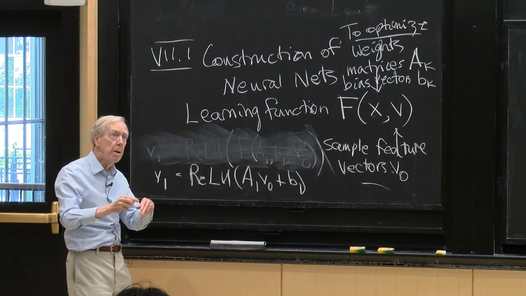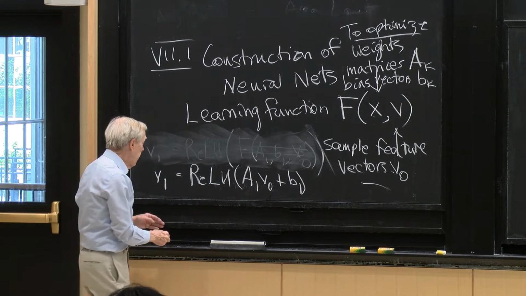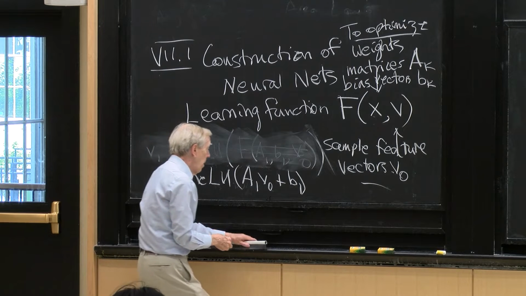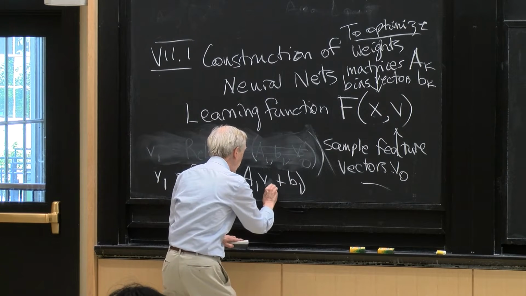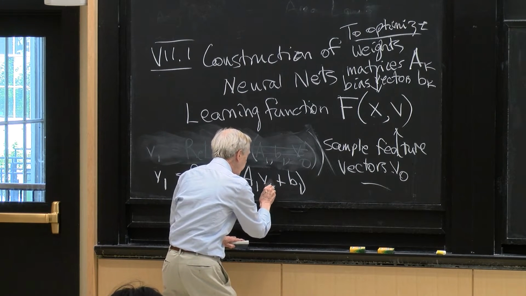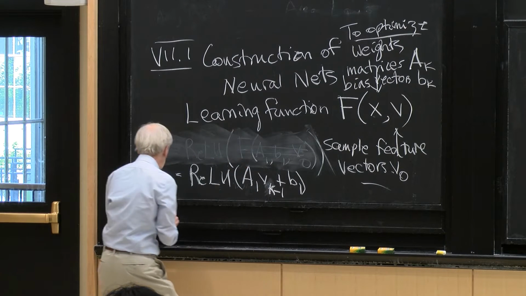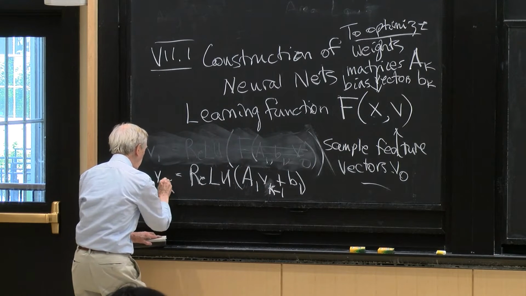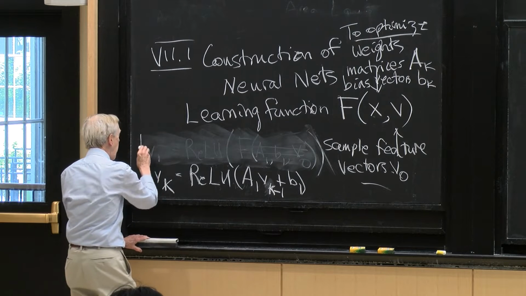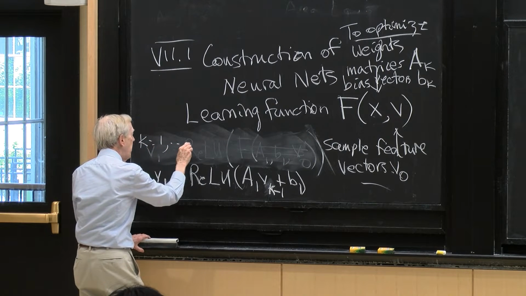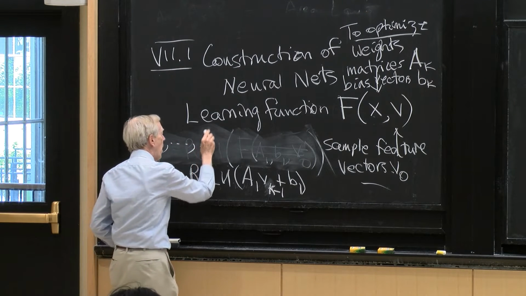And then the next level inputs V1, so I'll just call this VK minus 1, and I'll call this one VK. Okay, so K equal to 1 up to however many layers you are, L layers.